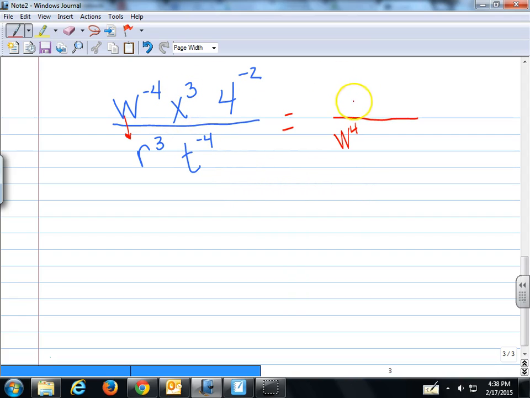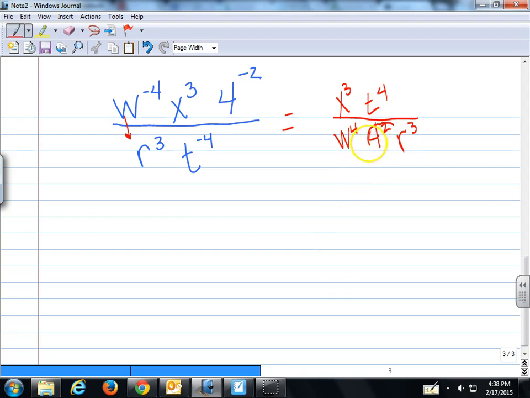X to the third is positive, so keep it where it's at. 4 to the negative 2, it's a negative exponent, so it belongs in the denominator to be positive. R to the 3 is happy down there, it's positive. And then t to the fourth needs to go up on top to be the positive fourth.